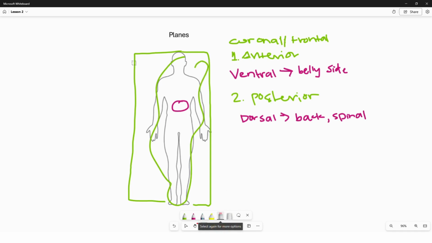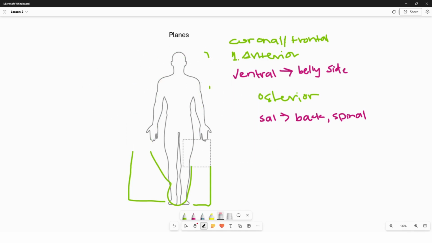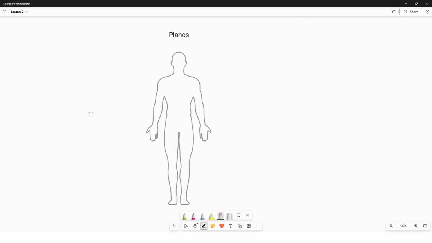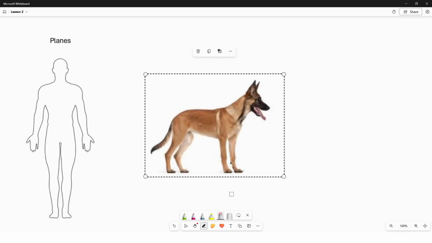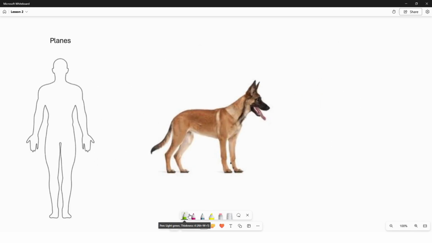Okay? But it's easy to reference this actually in an animal that's not a human, and that could be a dog. So let's look for a dog picture. If you have a dog, the front of the dog would be anterior right here.